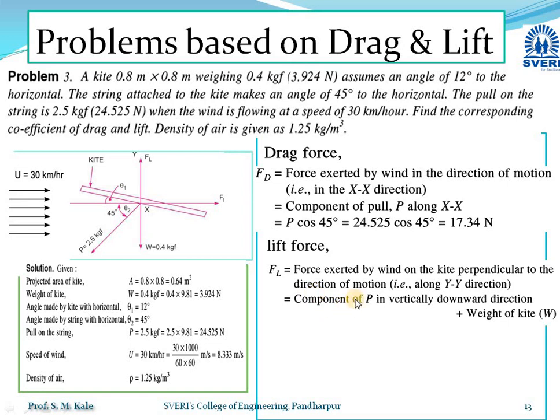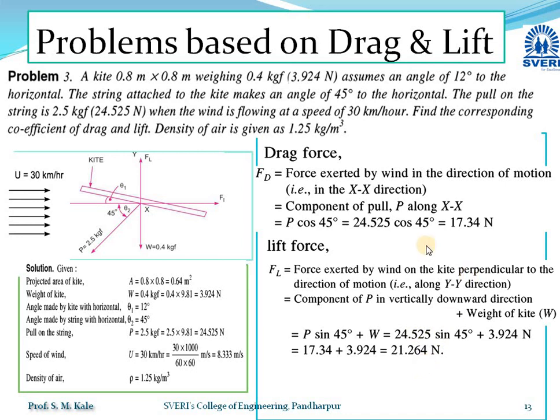That is the component of P in the vertically downward direction, P sin 45, plus the weight of the kite. As both the forces, P sin 45 as well as weight, are acting in the same direction, the sign will be positive for both. So put the value of P sin 45 plus weight, and I will get the value of lift force.